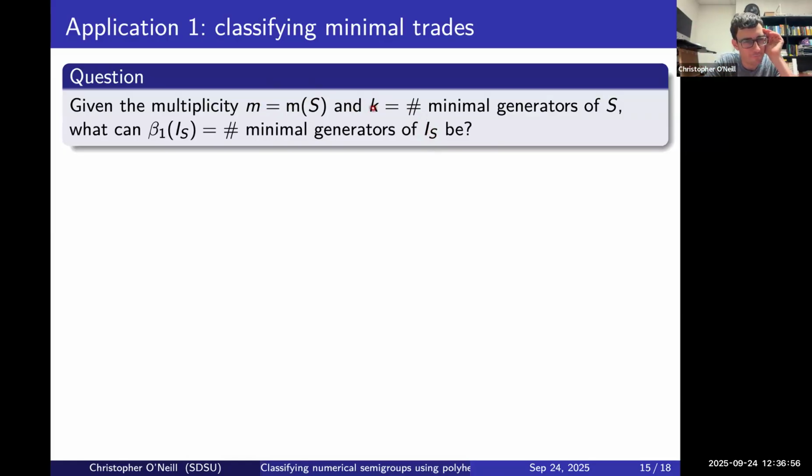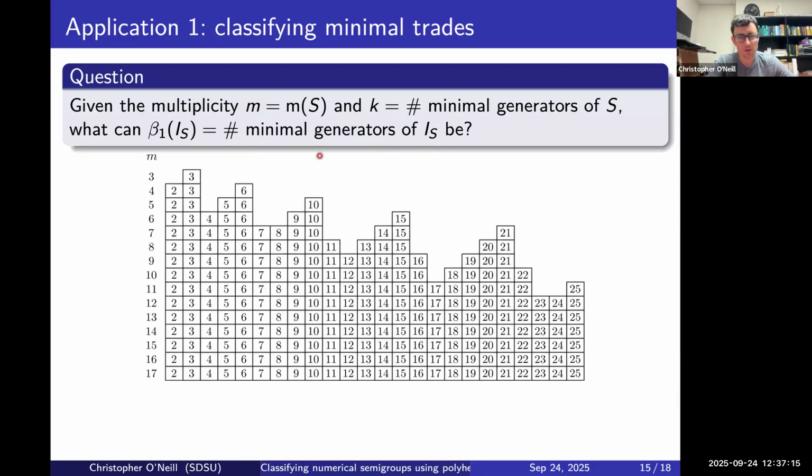But once k is 4, this can have arbitrarily many generators, anywhere from 3 on up to as high as you want. It's always finite, by Noetherianity, but that number of minimal generators can be arbitrarily large once k is 4. But once you fix m, there's now an upper bound on how many generators there are. So let me show you a table. Each row here corresponds to a value of m.